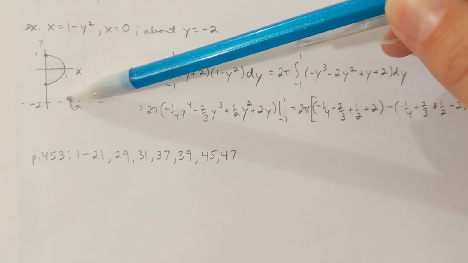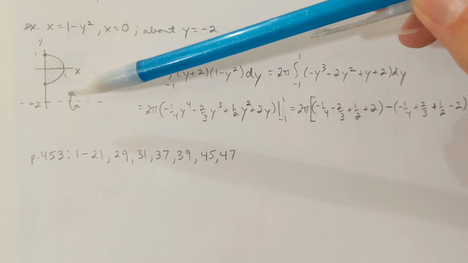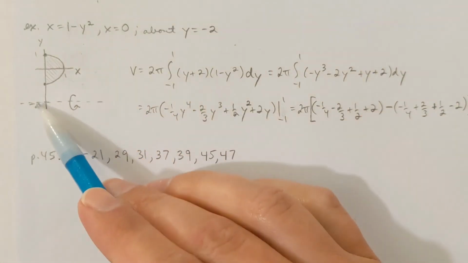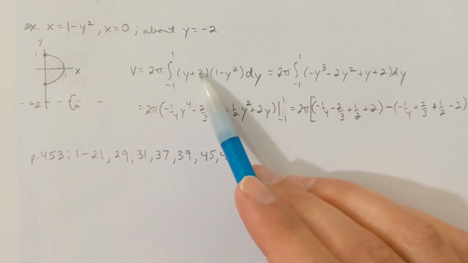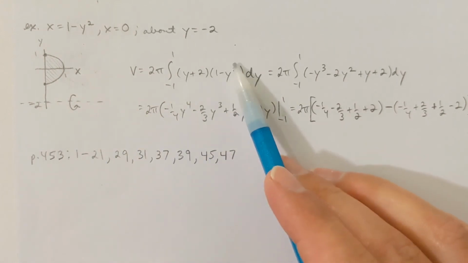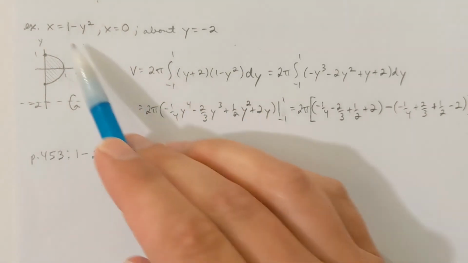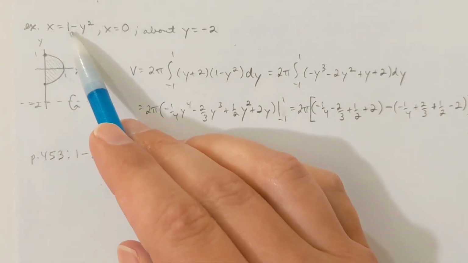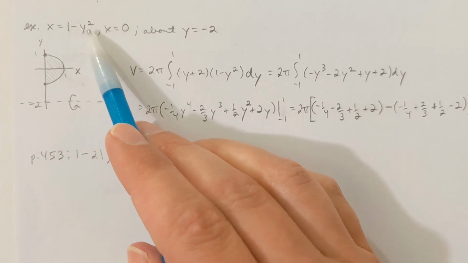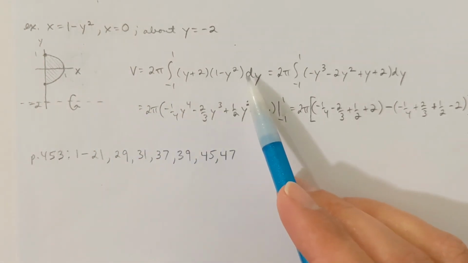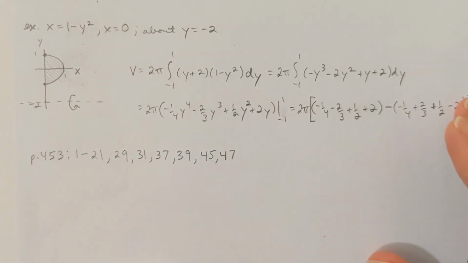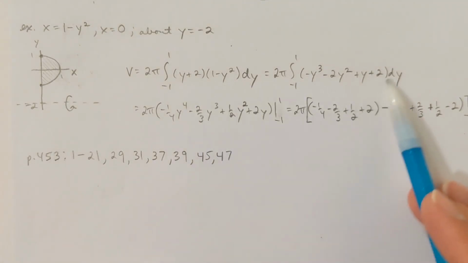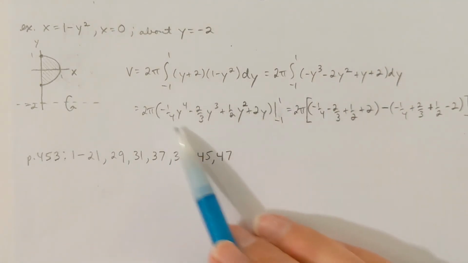The bottom curve, where you're rotating about, is y equals -2. So y minus -2, that'd be y plus 2, times the function in terms of y, x equals f of y. f of y is 1 minus y squared. Put a dy at the end, and then I'd want to FOIL this out and get my antiderivative.